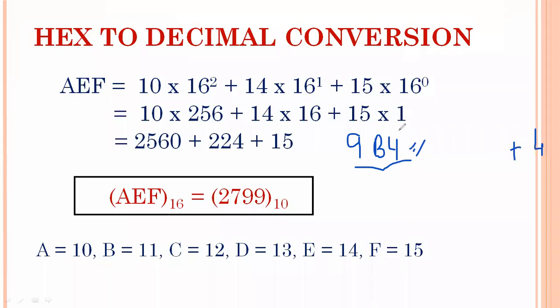Plus the value of B is 11. 16 into 11 is 176. Plus, now 256 into 9, that will become 2304.